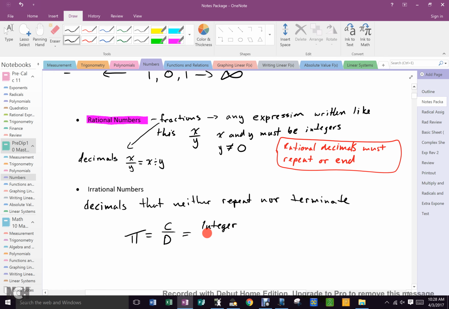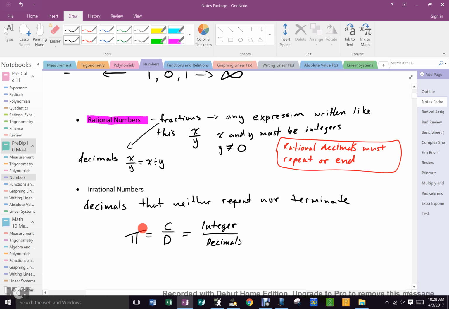But if your circumference is an integer, then your diameter will end up being a decimal. Is a decimal an integer? No. Everybody cool? So because this is not an integer over integer, pi becomes irrational.